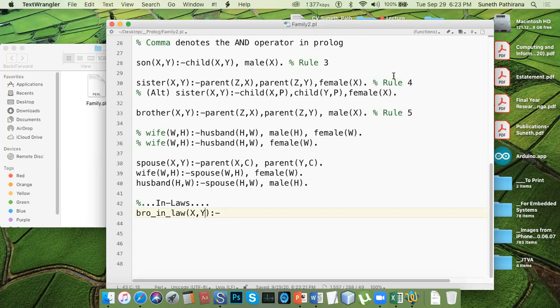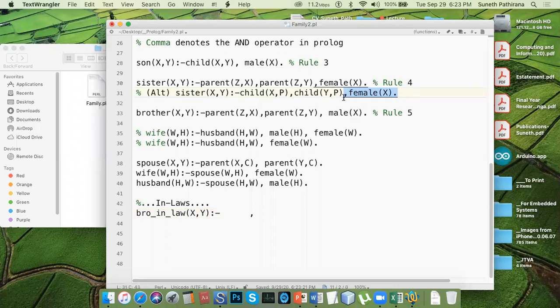We can't use B or any other symbol, so we better keep it as it is, X and Y. So X is going to be the brother-in-law of Y. One thing you can easily understand is that this X person is his brother-in-law. So definitely what?